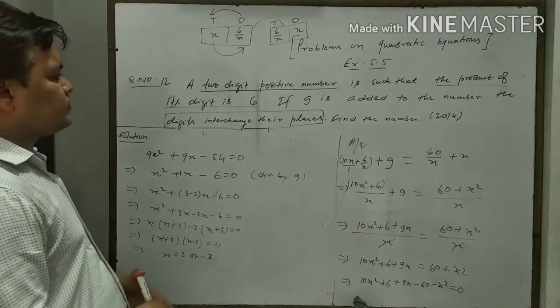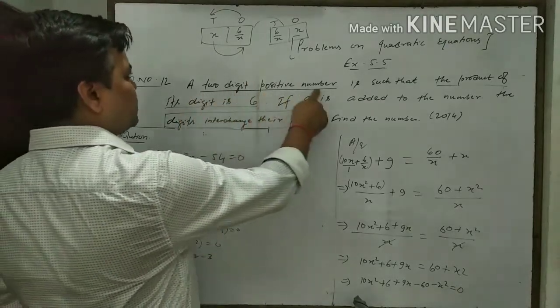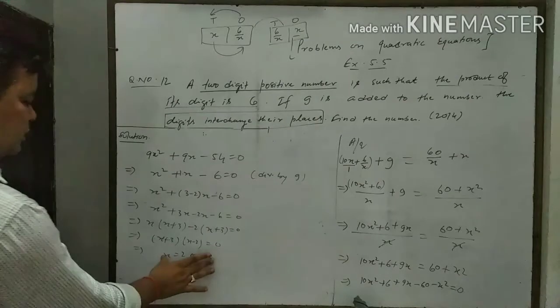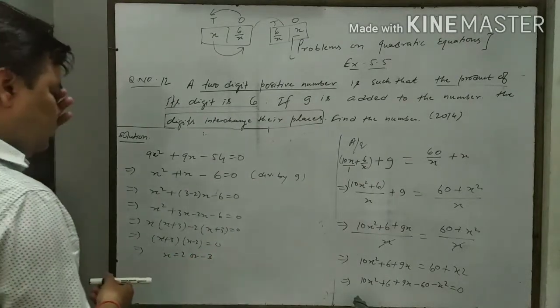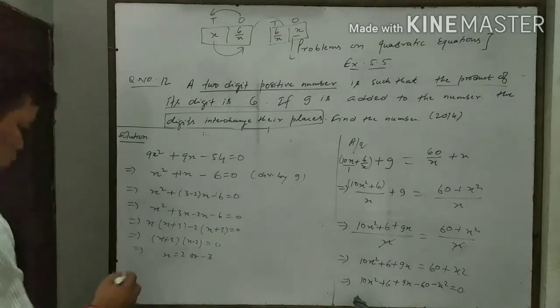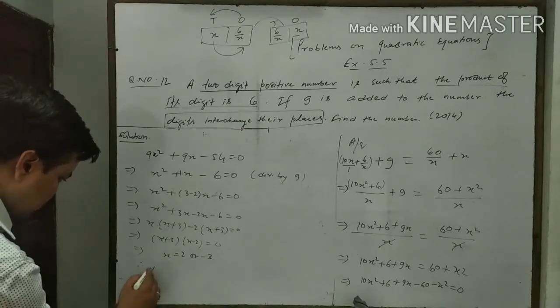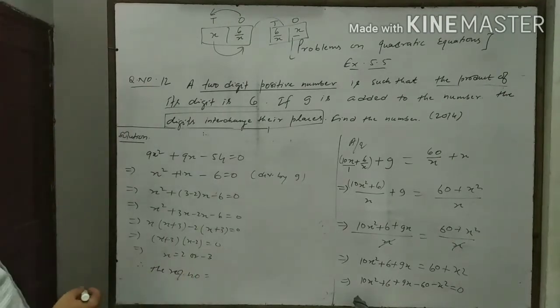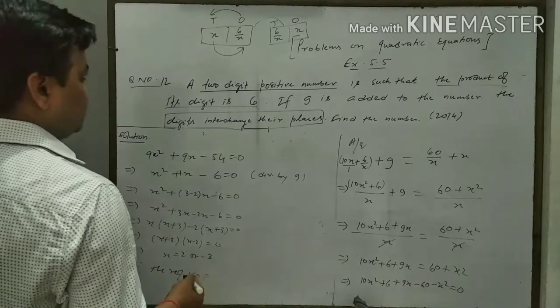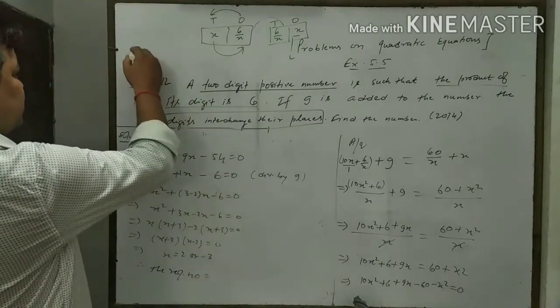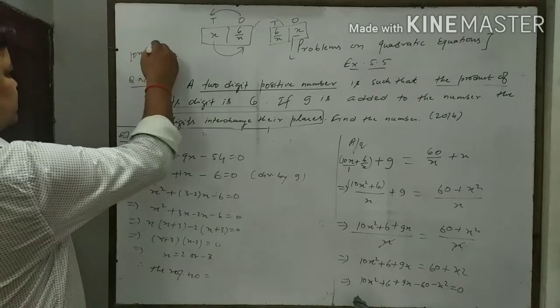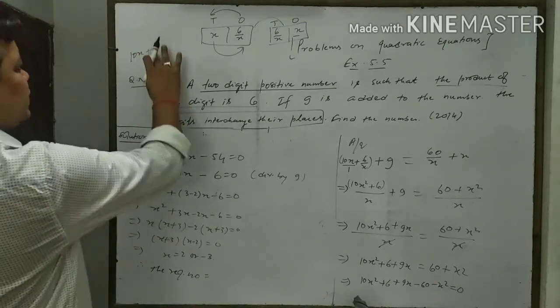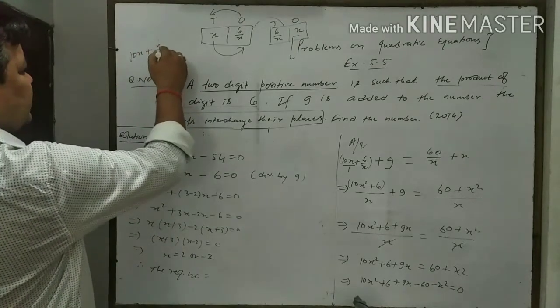Okay. A two-digit positive integer. Now if we take this, then what is the required number? The required number is 10x plus y. And what is the value of y? That was 6 by x.